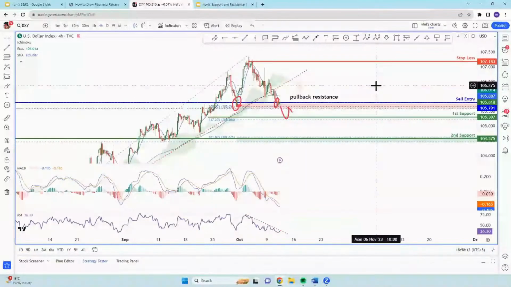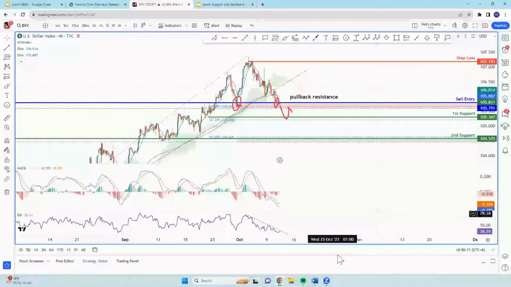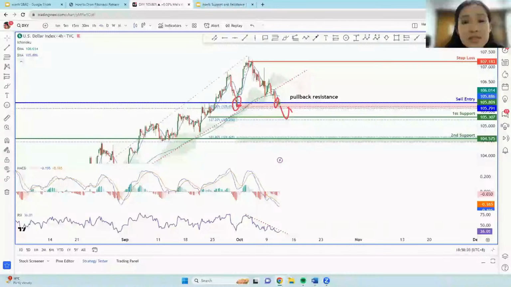I can see the RSI, which is giving us a bearish tone, and the MACD is also giving us a bearish trend as well. But for the MACD, I'm not familiar with it.